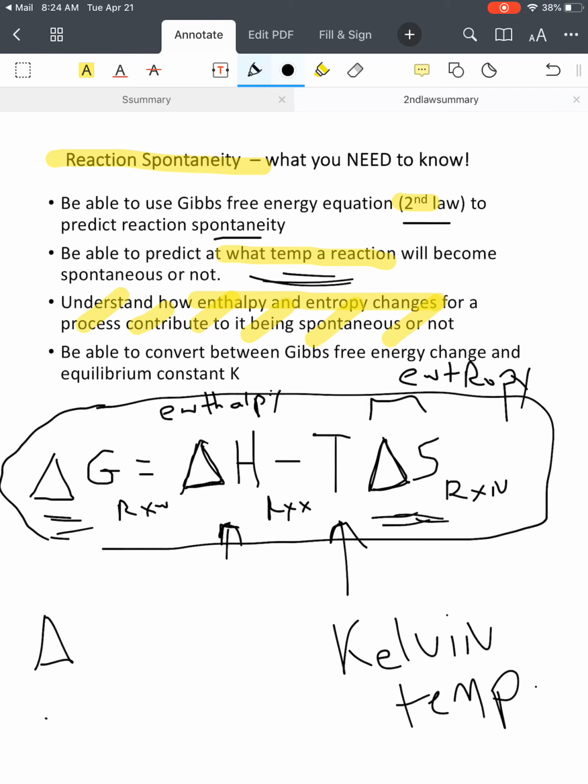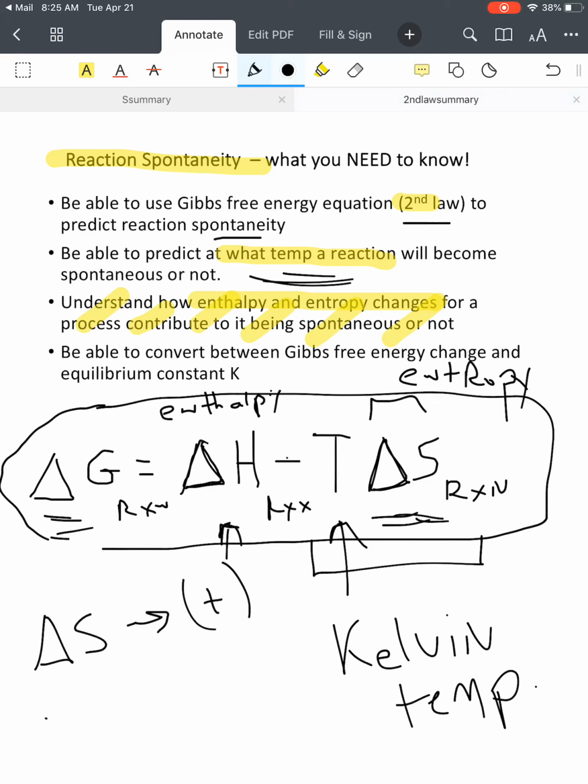So if I have a reaction where delta S is a positive number, my entropy of the reaction is positive. Looks like the entropy increases because the entropy change is positive. Now if I multiply that by a larger and larger Kelvin temperature, the second term in my equation becomes bigger and bigger and bigger.